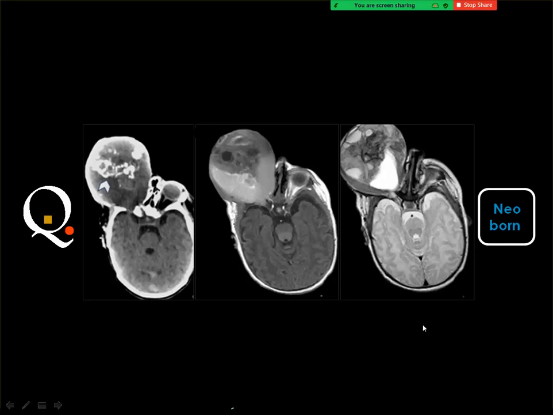Then the next case is also a newborn with a very big mass inside the right orbital cavity and protruding markedly anterior to the orbital cavity, and you cannot identify the globe.